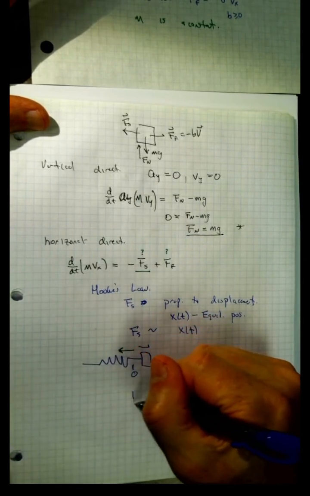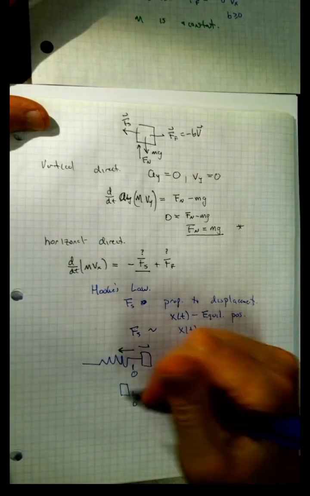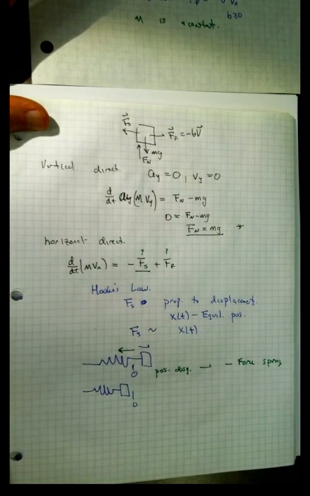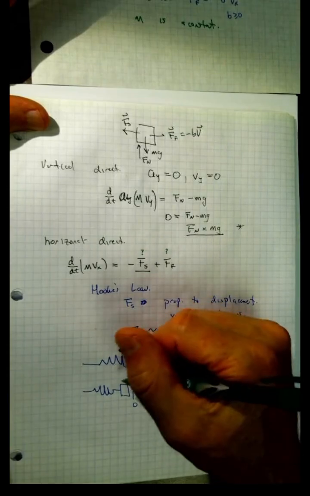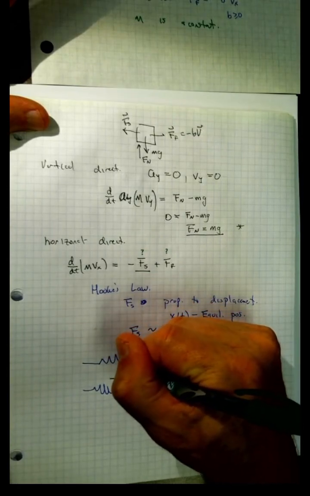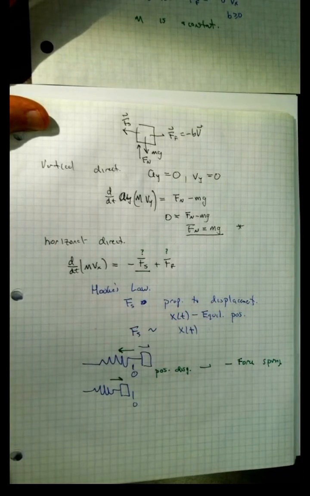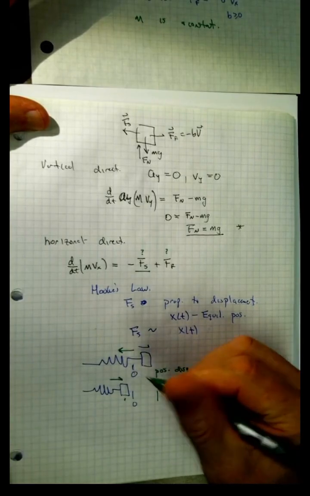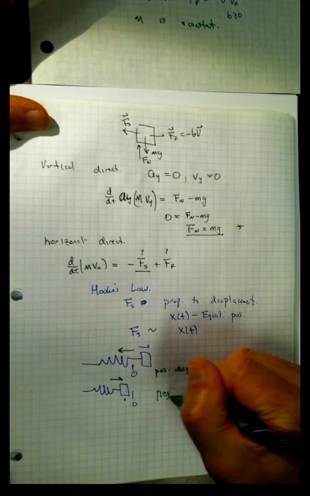Likewise, if I push the weight in and compress the spring, in this case, the force due to the spring is going to want to push it to the right, but my displacement is going to be negative because x of t is negative.